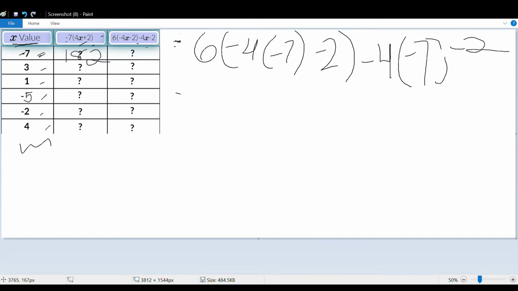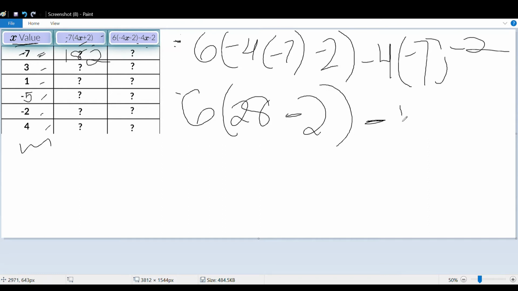So we're supposed to solve this. Now that's 6 times -28 minus 2. Actually, that's a plus, because negative times negative is a positive.